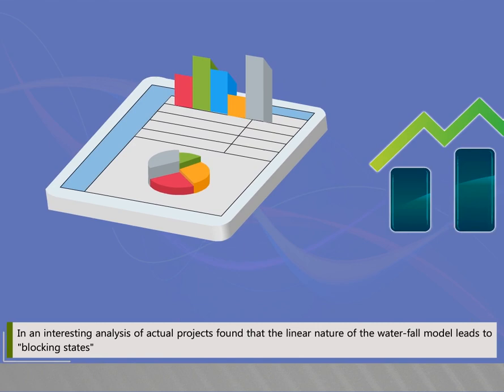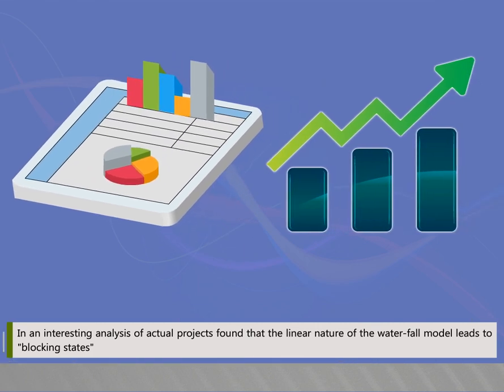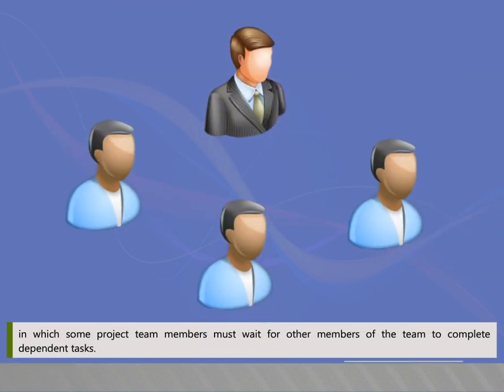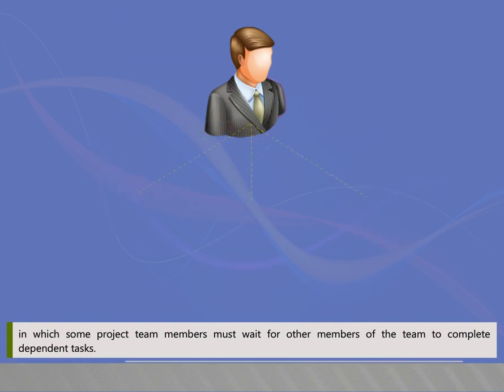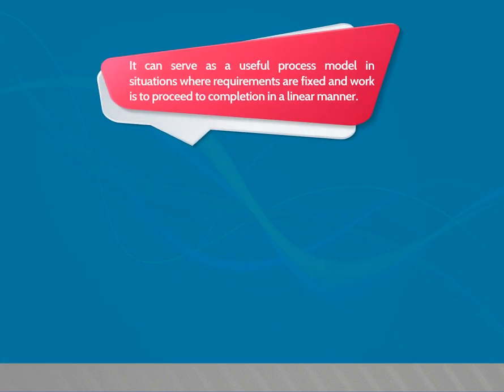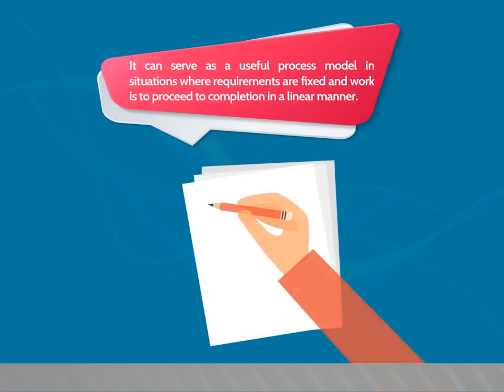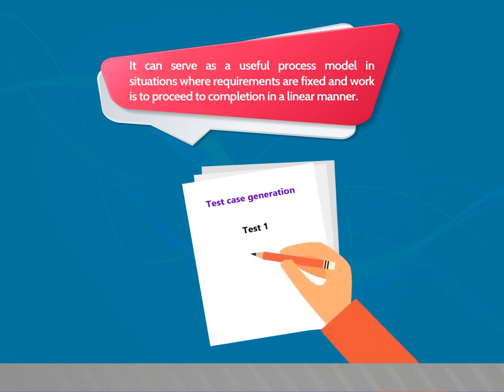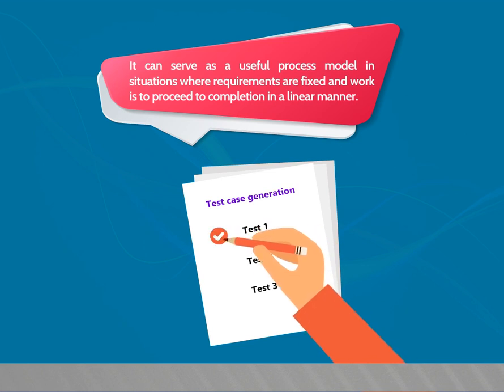An interesting analysis of actual projects found that the linear nature of the waterfall model leads to blocking states in which some project team members must wait for other members of the team to complete dependent tasks. It can serve as a useful process model in situations where requirements are fixed and work is to proceed to completion in a linear manner.